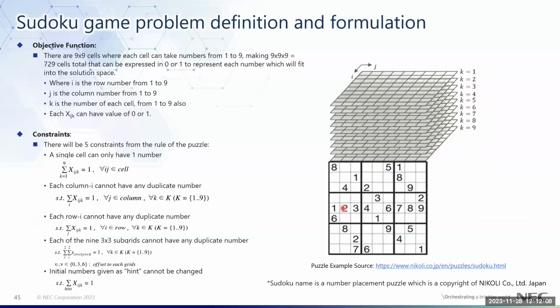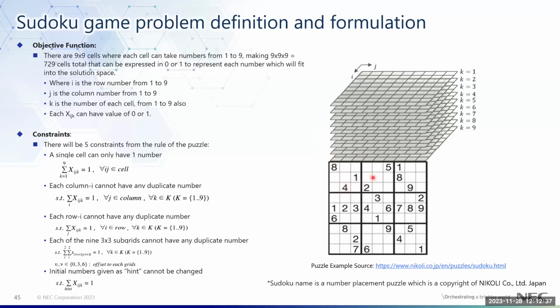What does the objective function look like? Now there are 9 cross 9 cells where each cell can take a number from 1 to 9, making it 9 cross 9 cross 9, which is 729 variables in total that can be expressed as either 0 or 1 to represent each number which will fill into the solution space. So here i is the row number from 1 to 9, j is the column number from 1 to 9, and then k is the number in each cell.